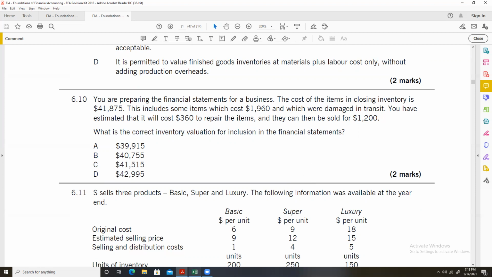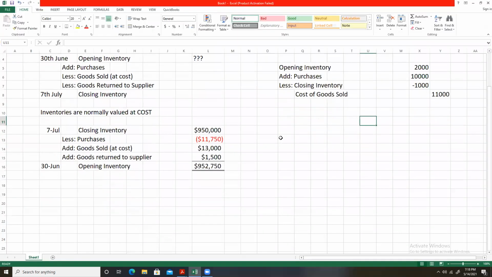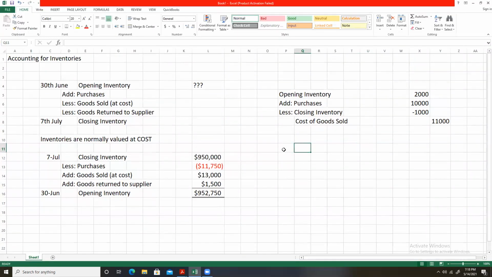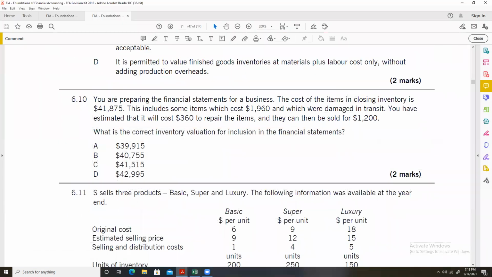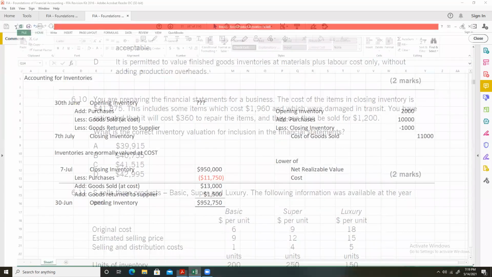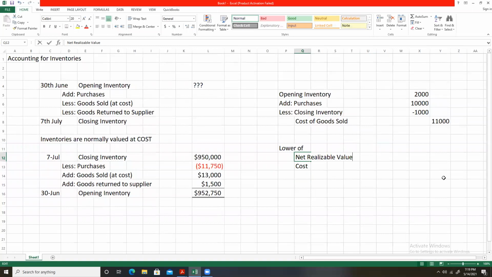Now, IAS 2 recommends that in such situations we take a value that is the lower of net realizable value and cost. Now, how do we calculate net realizable value?